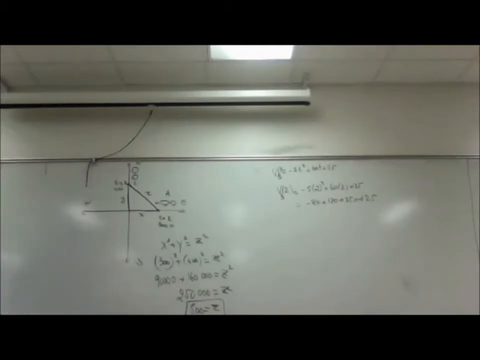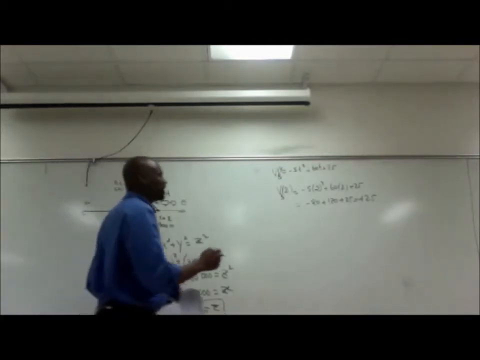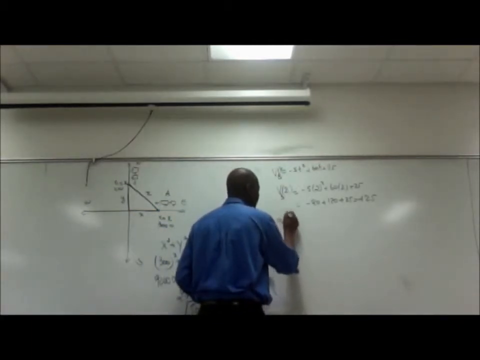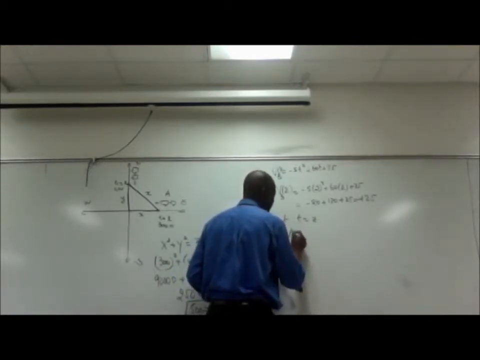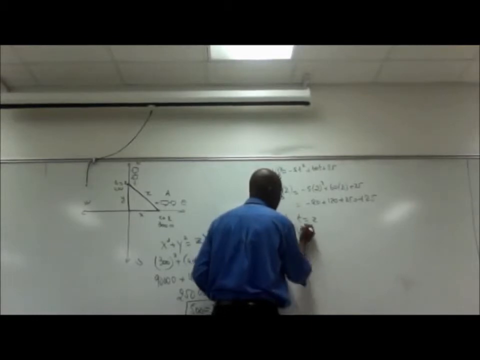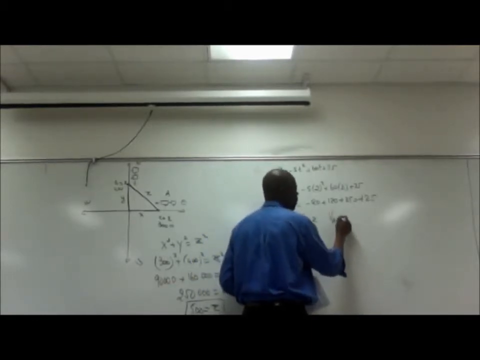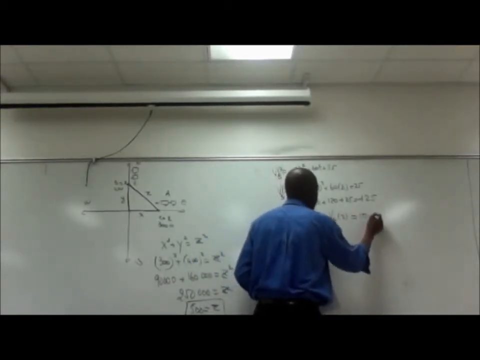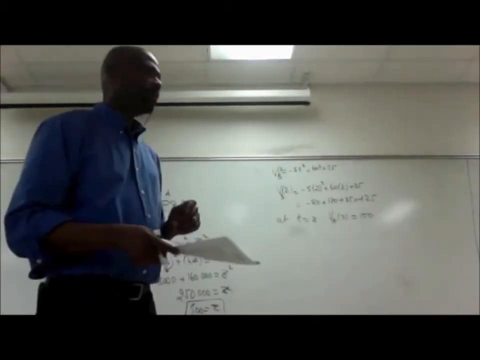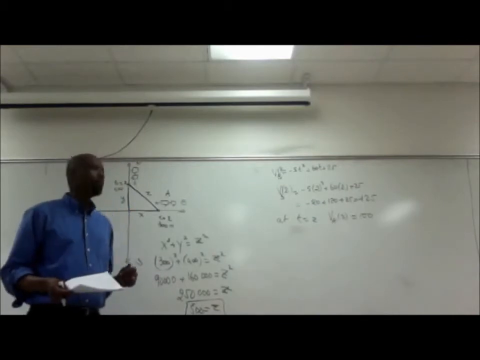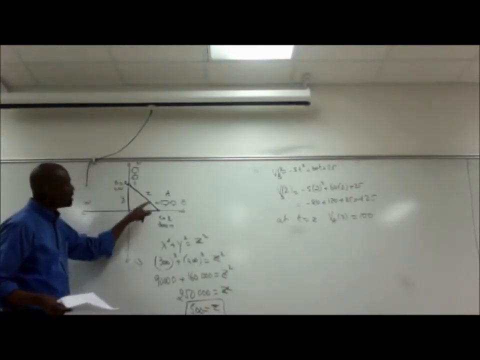We also know the train A velocity at t equals 2: VA of 2 is just 100. We know that from the table. So all we need to know is how much this velocity is going down.